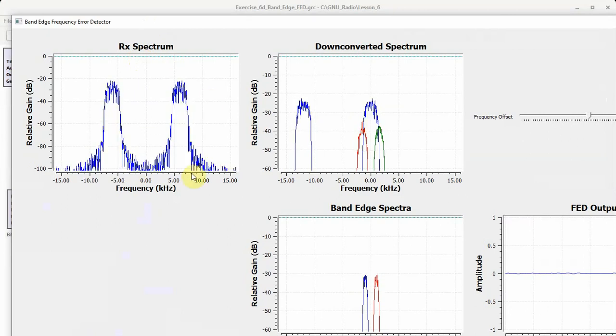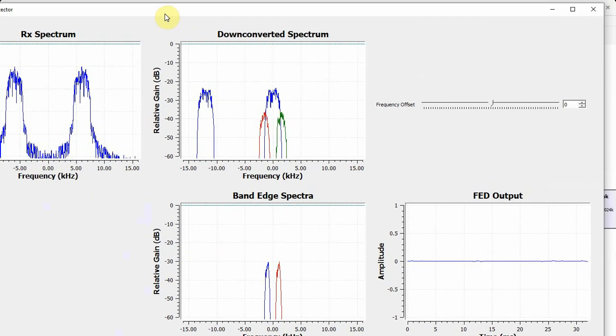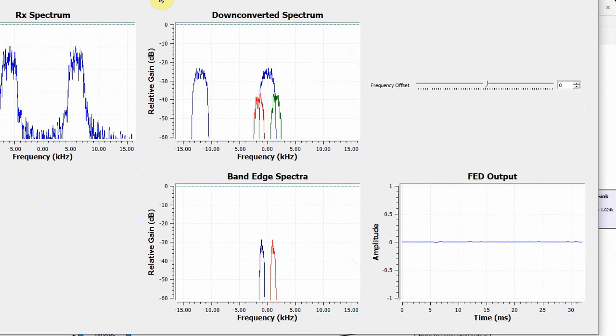The received spectrum, since it's a real waveform, is symmetric around frequency 0. Since we already know about this, I take this out of focus. And now we see the down converted spectrum, in the case of a 0 carrier frequency offset, gives us this waveform, where this part is down converted to 6, minus 6, 0, and minus 12 kilohertz.